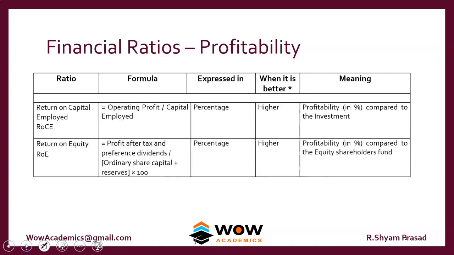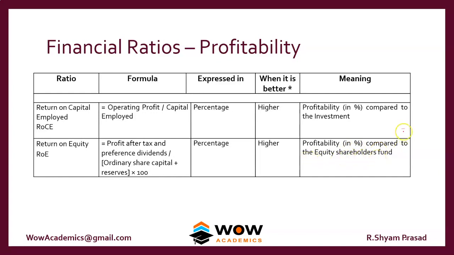So the next ratio is ROE. This ratio works as profit after tax and the preference dividend, divided by the share capital plus reserves. It's expressed in percentage, and the higher is better. The profitability in percentage is compared to the equity shareholders' funds.